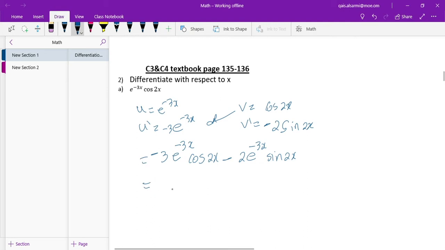If there is a common factor, please try to take it. We can take negative and e as a common factor. Negative e power negative 3x remains 3 cosine 2x plus, what is the remainder here? 2 sine 2x, and this is the simplest form.